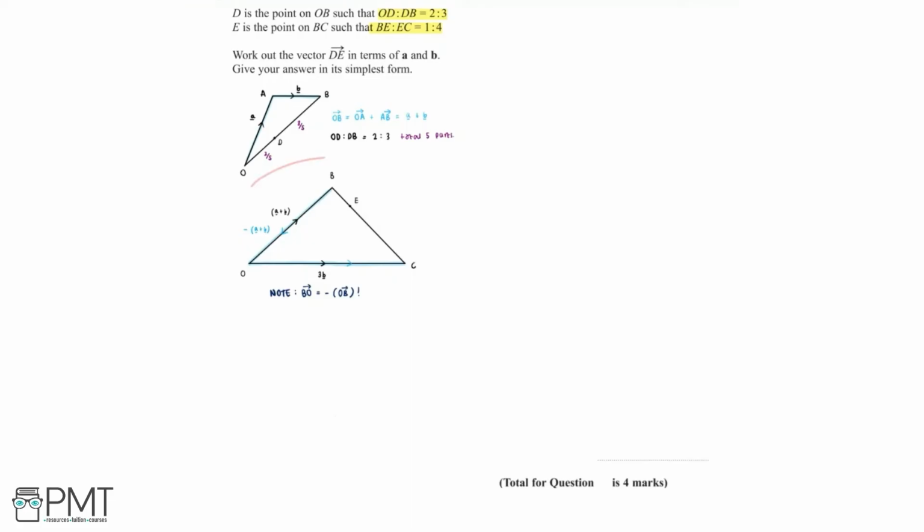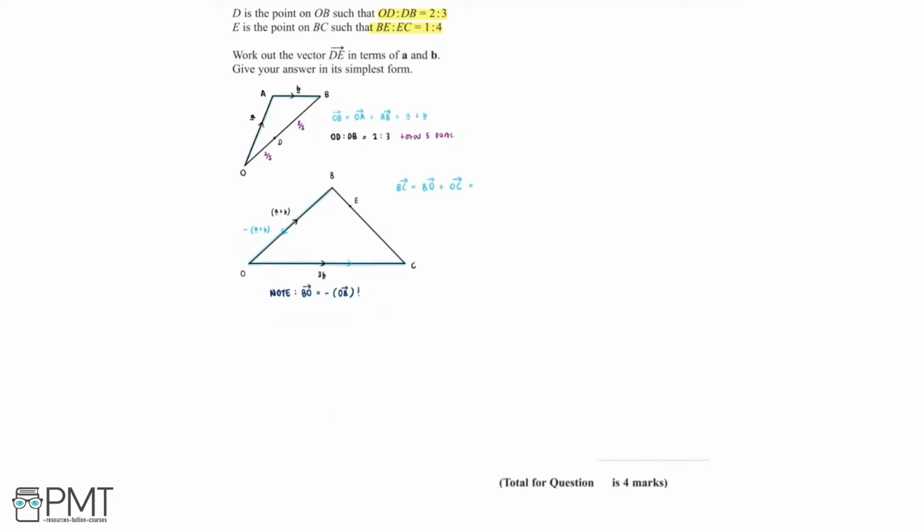Now let's move on to our next triangle, triangle OBC. We want to find the vector BC, and to find the vector BC, we can go from B to O, and then O to C. Now, we know the vector OB because we found in our first triangle that the vector OB is equal to A plus B. And so the vector BO is the same vector but in the opposite direction, and so BO would be the negative of OB.